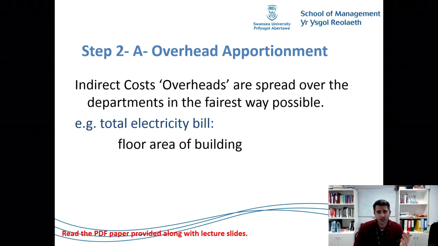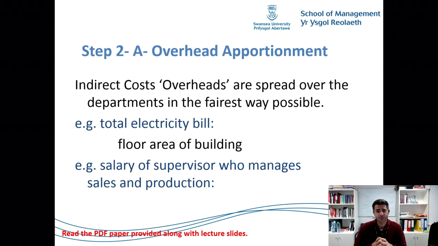Another example, supervisor salary, for someone who manages sales and production. As you know, one of the overheads or indirect costs is supervisor salaries, because we said that supervisor salary is not influenced by production.